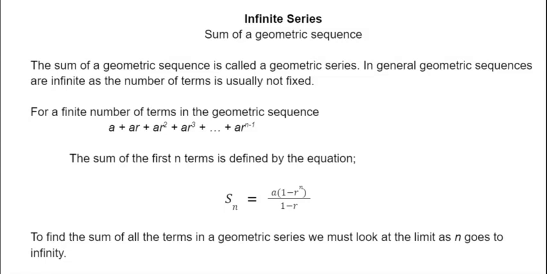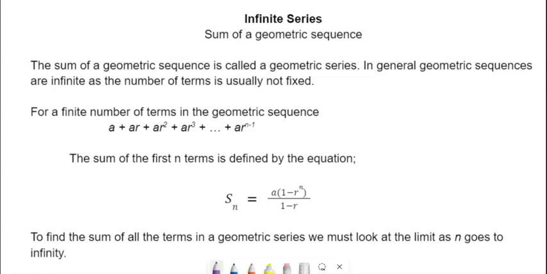The sum of those terms is defined by this equation. So the sum of the series of n equals a times 1 minus r to the power of n, all divided by 1 minus r.